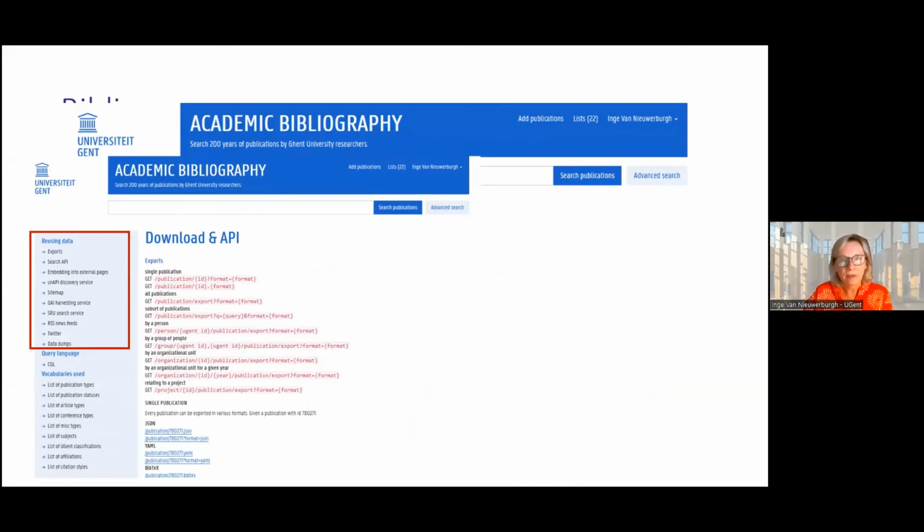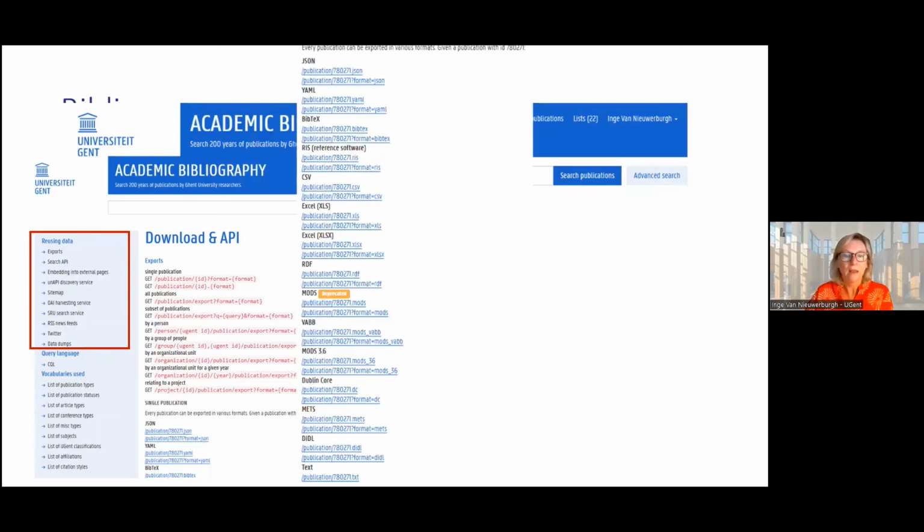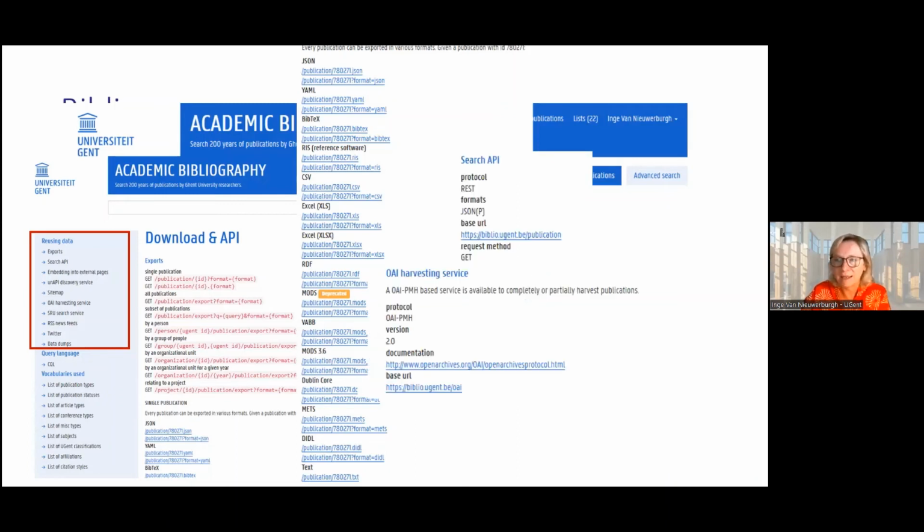And as many repositories, we have a lot of downloads and APIs, options to harvest information from our repository. This is an example of several possibilities. There is a search API and an OAI harvesting service, the typical ones that you see in repositories.